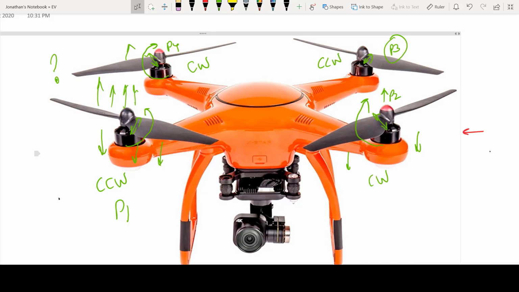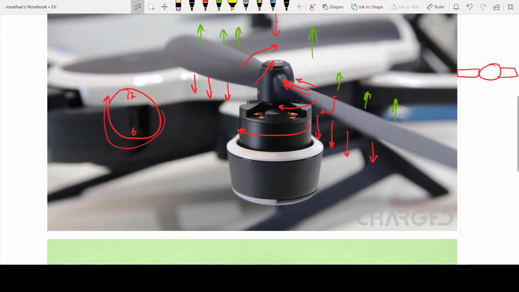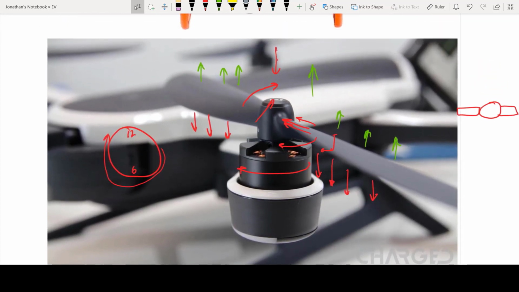So what have we looked at here? First, we looked at a basic propeller and we understood the structure of it. We understood the concept of angle of attack. Then we looked at, because of the angle of attack, how a propeller is able to push air downwards and thus generate lift. Then we looked at the impact of the direction of rotation using a simple hand helicopter.